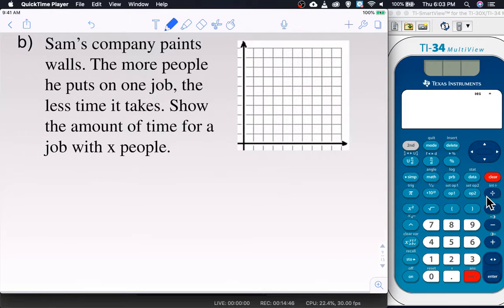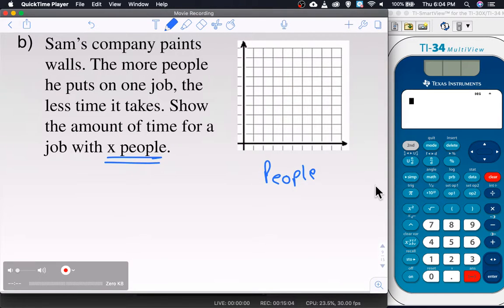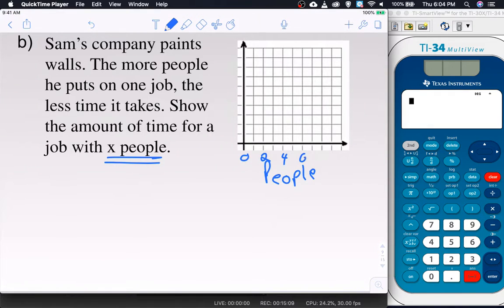Letter B says, Sam's company paints walls. The more people he puts on one job, the less time it takes. Show the amount of time for a job with x people. Okay, so we know that the x variable is our people. It actually told us right here, x people. So I'm going to label people. And I can even start going 0, 2, 4, 6, 8, 10 people.